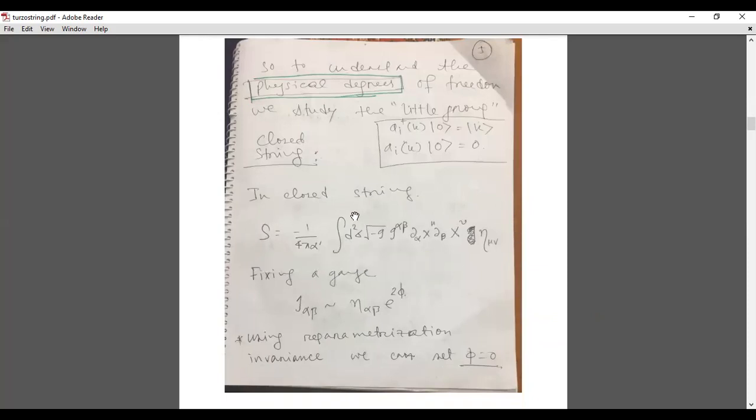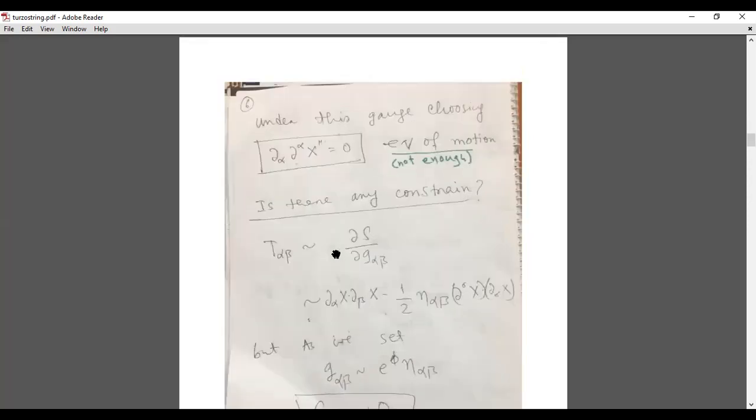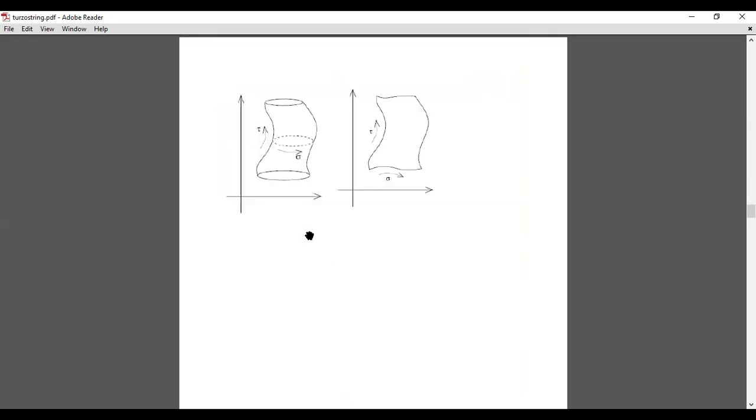So this thing that I have written here is nothing but a string action, right? Here there is the world volume of the string, which is two-dimensional, because you always have a two-dimensional world sheet. I think I have a picture here somewhere. So you have this sigma direction and tau direction, and this is the two-dimensional world volume of the string where we are doing the integration.